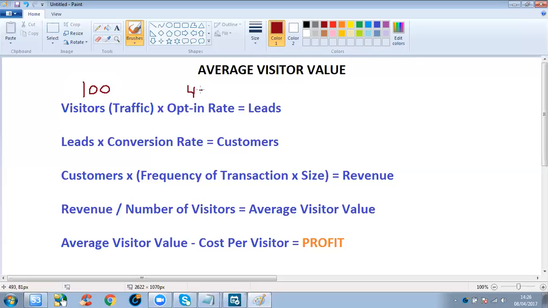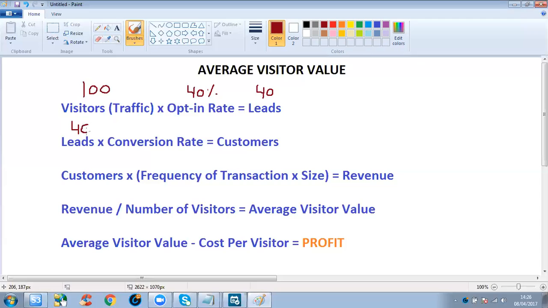So 40% of the people who land on your capture page put in their email address and they become leads. So that means you've got 40 leads into your autoresponder that you can build a relationship with, that you can follow up with, that you can provide value to, and where you can build that know, like, and trust factor over time.